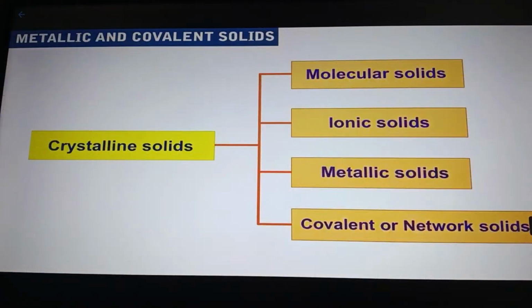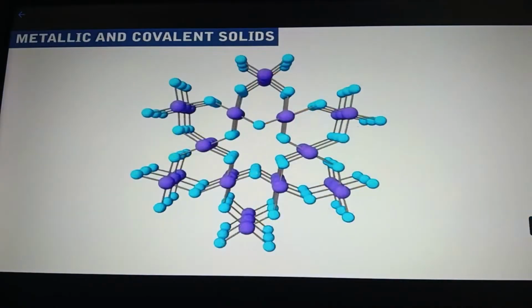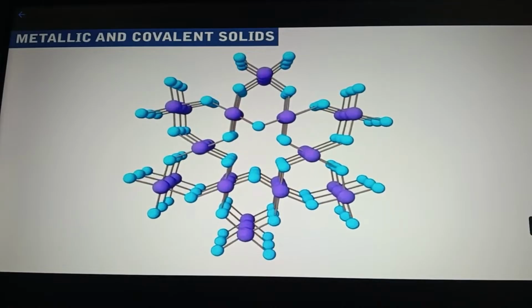Let us now study about the other type of crystalline solids, that is, covalent or network solids. The constituent particles in these solids are atoms. These atoms are held together in large networks by covalent bonds. This interlocking network of covalent bonds extends throughout the crystal in all directions.